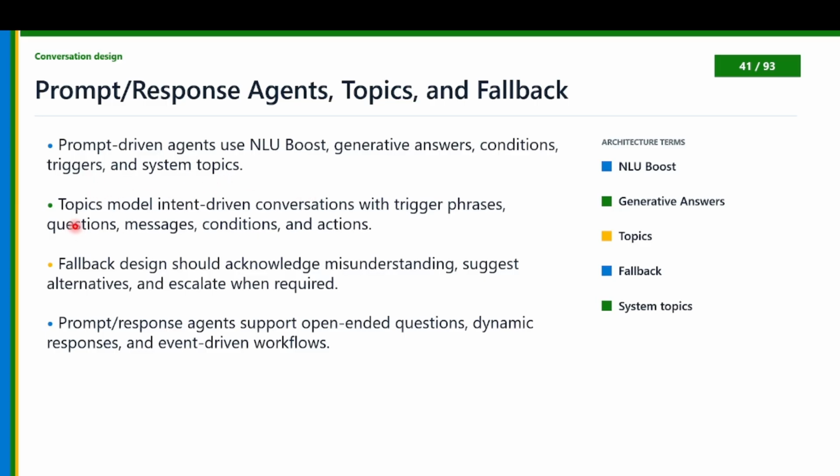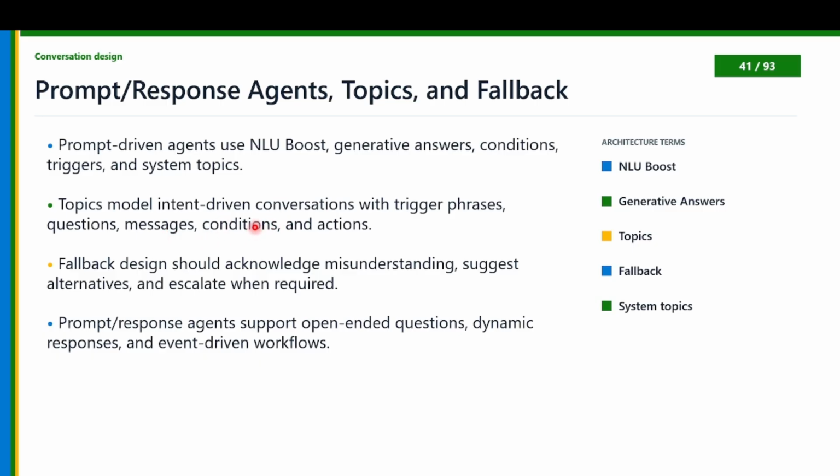So let's look at what topics are. A topic models intent-driven conversation with trigger phrases, questions, messages, conditions, and actions. So you give the agent a topic, and inside this topic, you have phrases or paragraphs that contain questions, messages that the agent can send or generate as output, or that contain the boundary of the discussion of any prompt that is coming into it.